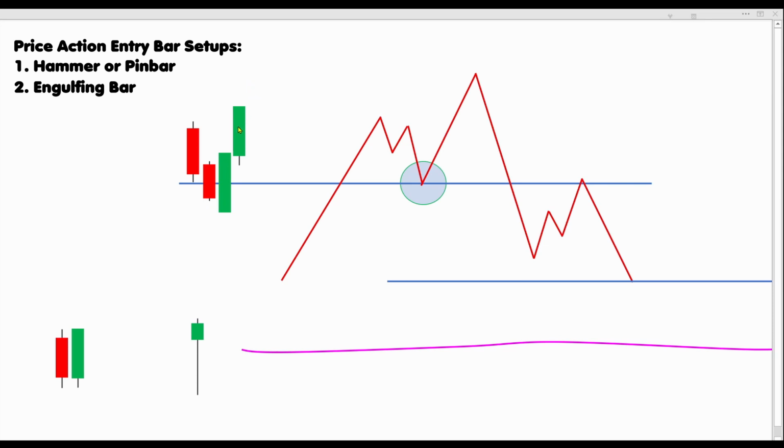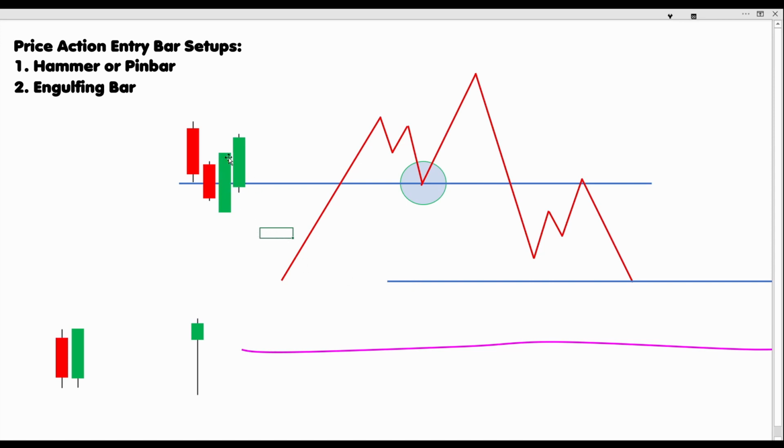And the other way we can enter this engulfing bar is using a normal limit order.